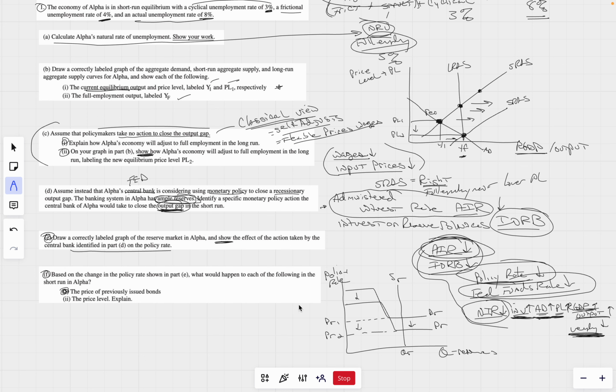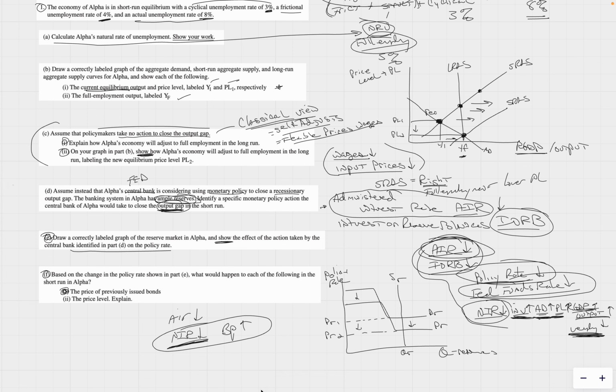Well, you and I know that the AIR goes down. We also know that that's going to drive down the nominal interest rates. What we know is anytime interest rates are going down, bond prices are going up. Now, there's a whole explanation about that they've never asked us. So you really just need to have in your brain fairly tightly that when interest rates fall, bond prices do the opposite.